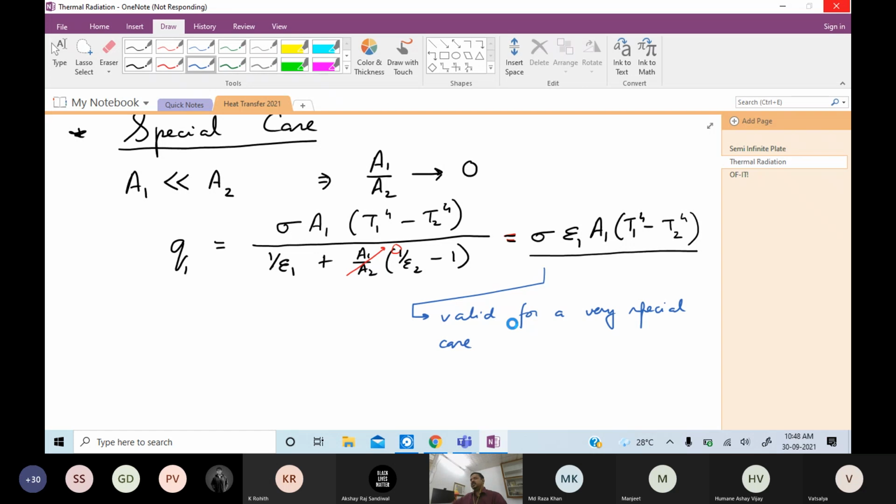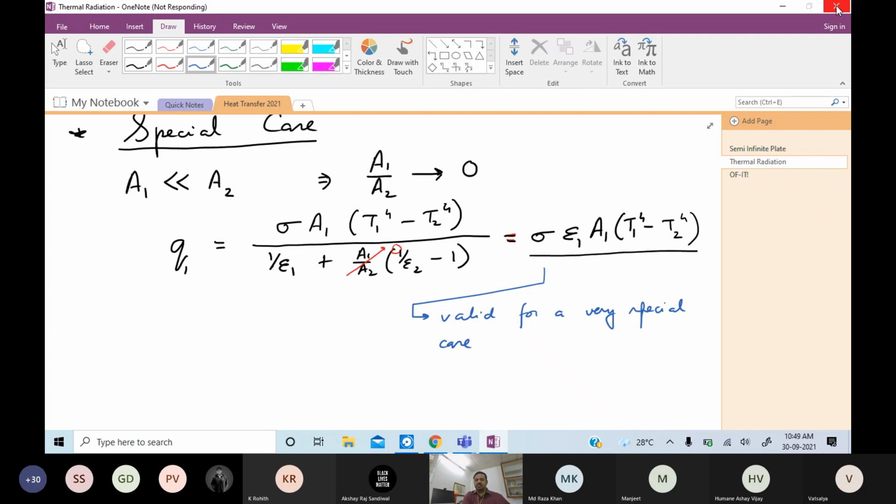If it's a big furnace and I have a small iron ball inside at a high temperature, or let us say a cold storage chamber, furnace is also fine, in which case the heat transfer will not be from 1 to 2, but 2 to 1. So the heat absorbed would be T2 to the power 4 minus T1 to the power 4. Clear?